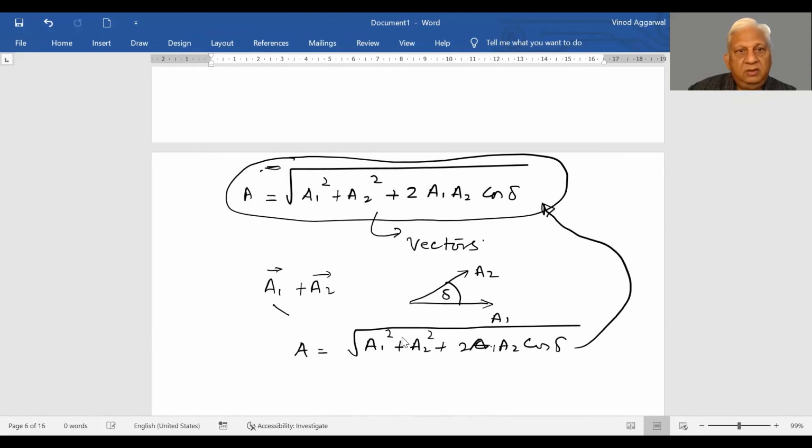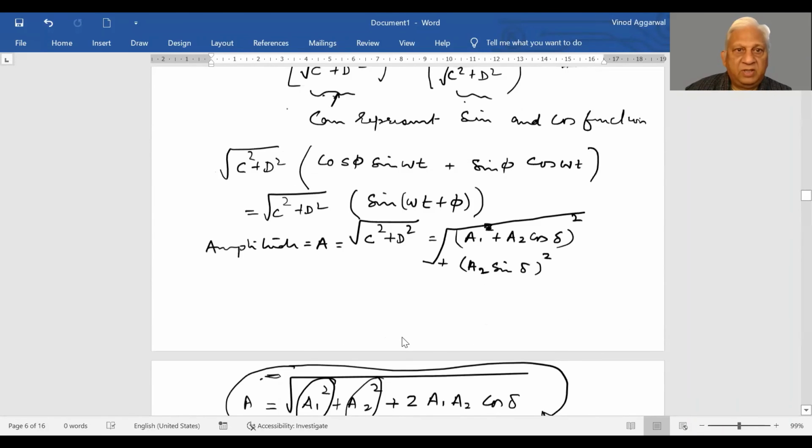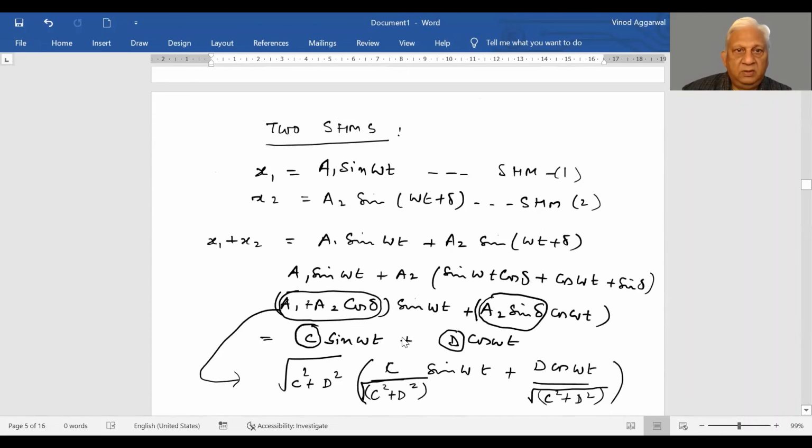So what does it mean? It means if you have two simple harmonic motions, 1 and 2, as we started with, one simple harmonic motion, second simple harmonic motion, and the only difference is that their phase angle is different. There is a difference of delta as the phase angle.